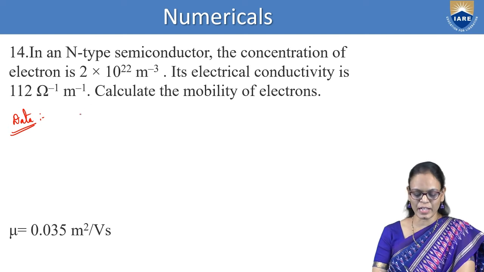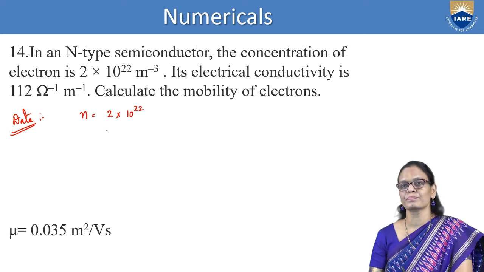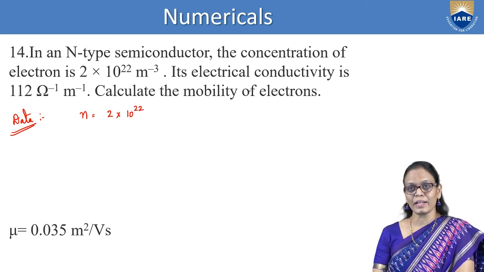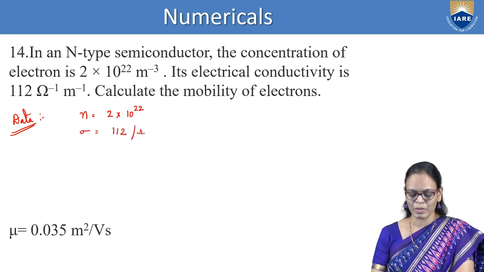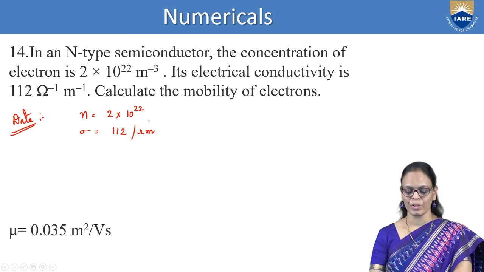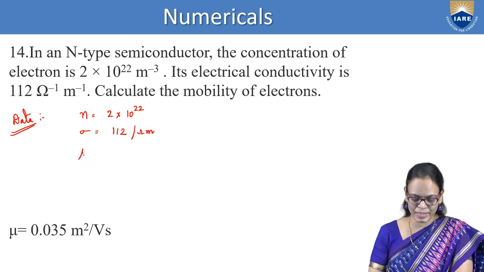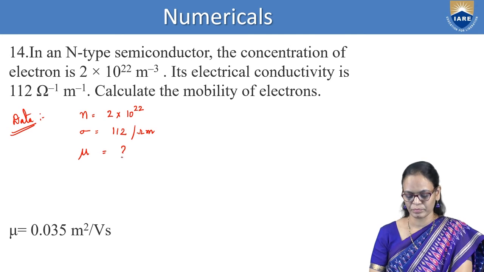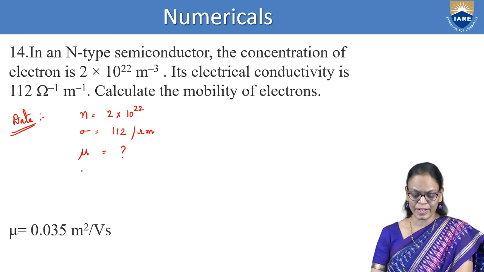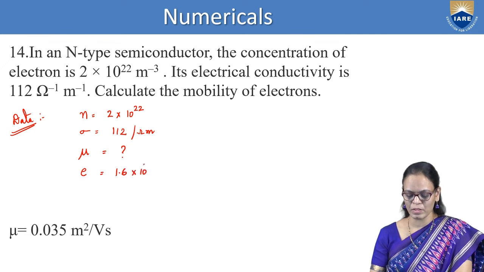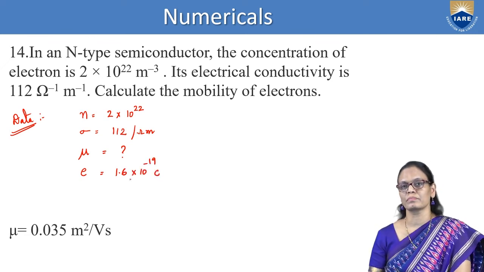The concentration N is equal to 2 into 10 power 22 and the electrical conductivity sigma is 112 per ohm meter. You need to calculate the mobility mu. The value of e is constant, 1.6 into 10 power minus 19 coulomb.